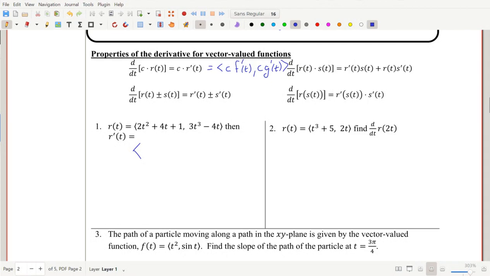So we get to use the power rule 5 times. 2t squared becomes 4t. 4t becomes 4. 1 becomes 0. And then this ends up being 9t squared minus 4. It works just the way you would want it to work. Take the derivative of each of those two things. They're both polynomials.